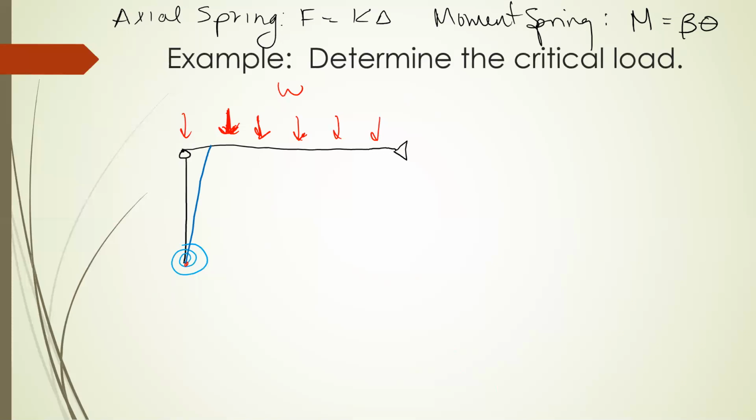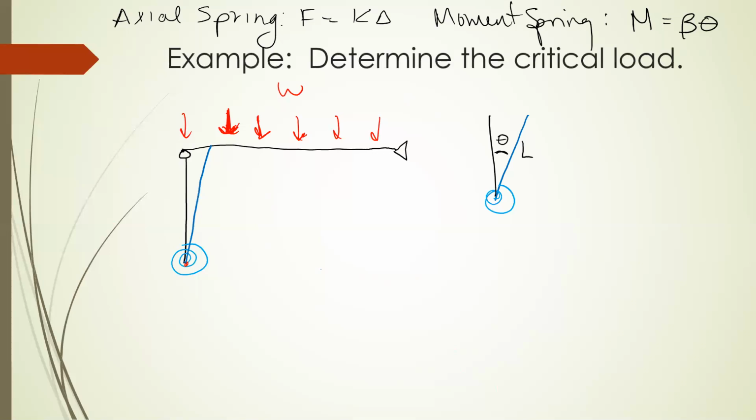So we're going to assume that it deflects like so, which means if I redraw this, I have this deflected member, I have a spring, and I have theta, and we have some length of that member.